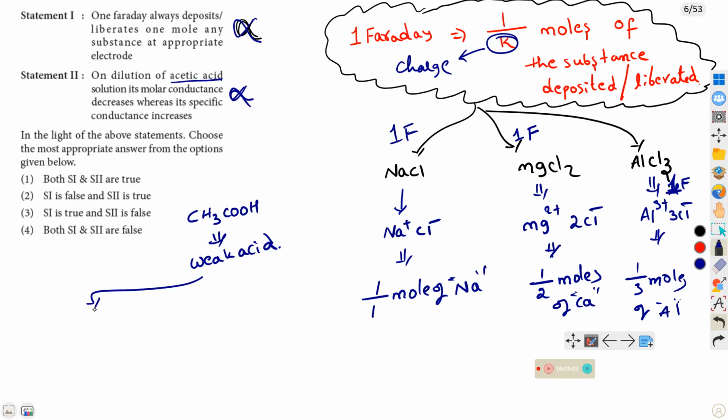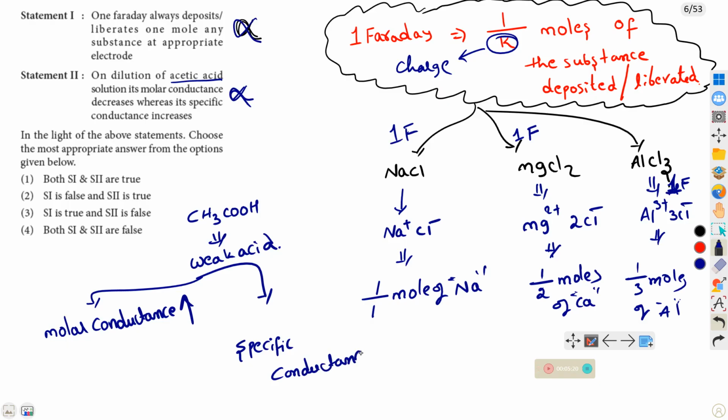It is a weak acid. So that's the reason molar conductance increases and specific conductance decreases. Molar conductance increases, specific conductance decreases. Why? Because on dilution the degree of dissociation increases.